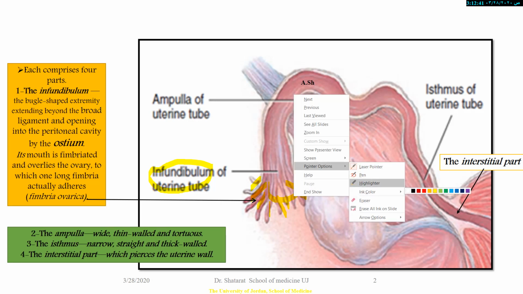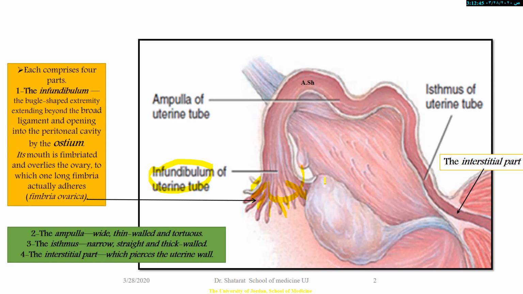Let's do some drawing here. This area, we have a follicle here, a big Graafian follicle, okay, and it has to go outside to be ruptured outside, and all this is happening under the influence of LH.